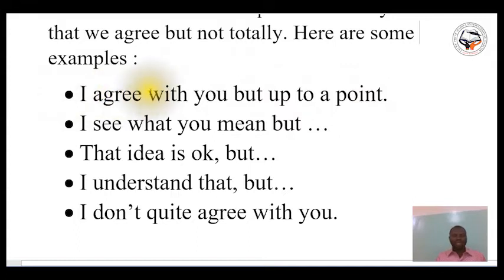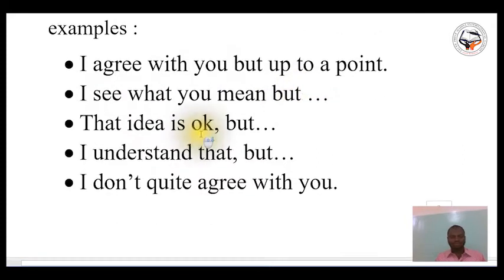I see what you mean, but that idea is okay, but I understand that, but.